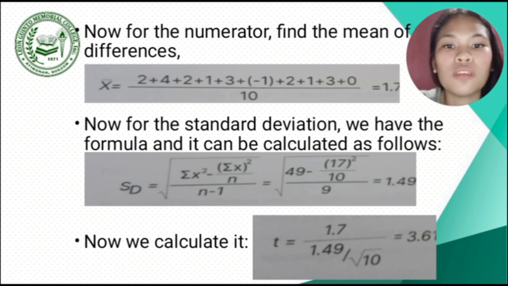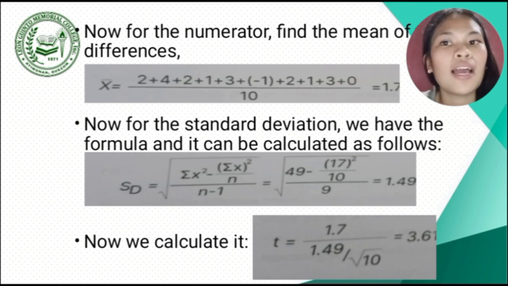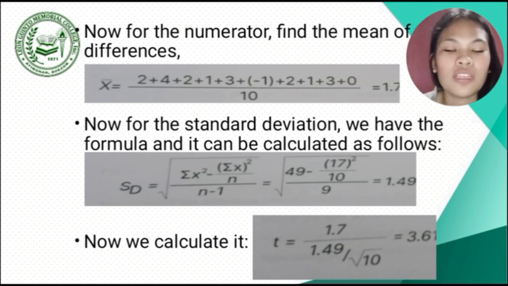So x bar d is 2 plus 4 plus 2 plus 1 plus 3 minus 1 plus 2 plus 1 plus 3 plus 0 over 10, which is equal to 1.7. If you are wondering where the 2, 4 came from, they came from the differences between the before and after test scores of the students.